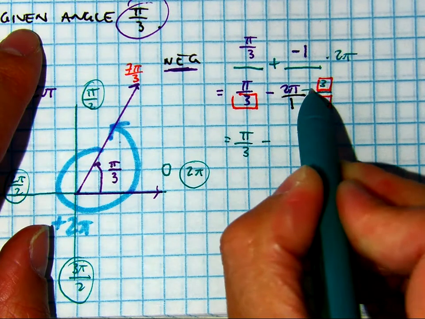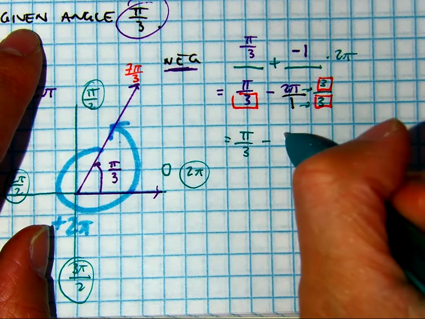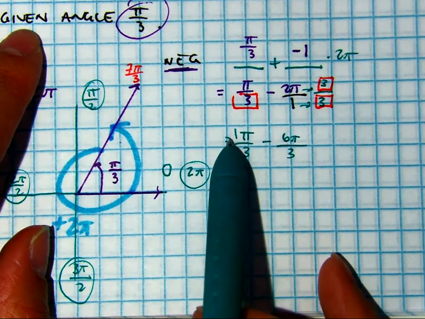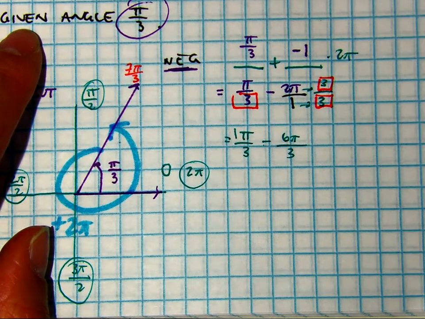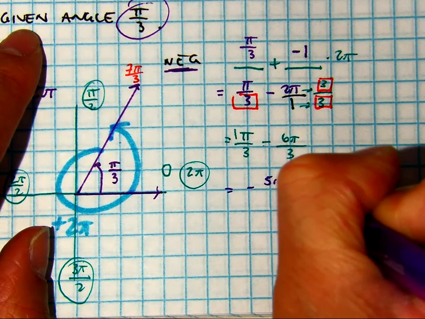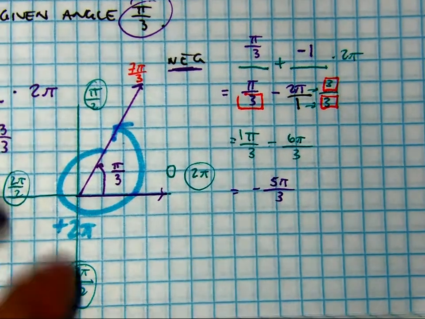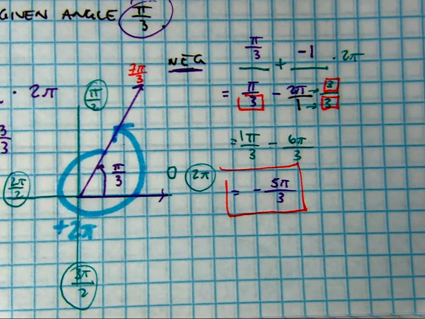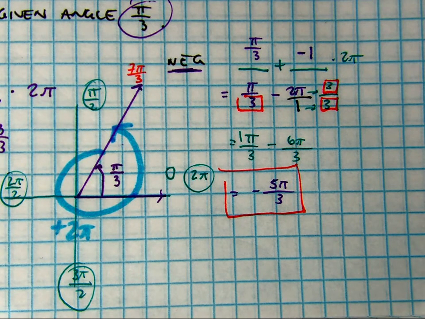So now I have 1 minus 6, that gives you negative 5 pi over 3, is the negative coterminal angle with pi over 3. So basically you're still doing full rotations. The only difference now is that you're dealing with radians, and with radians, if you have an exact answer like we are working with, they have lots of what? Your best friends, fractions.